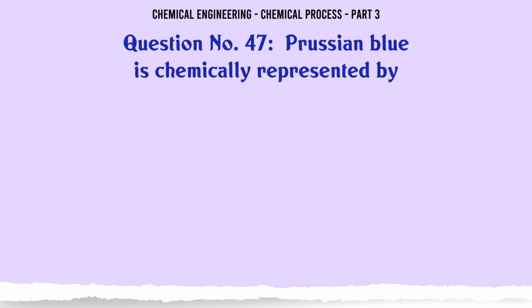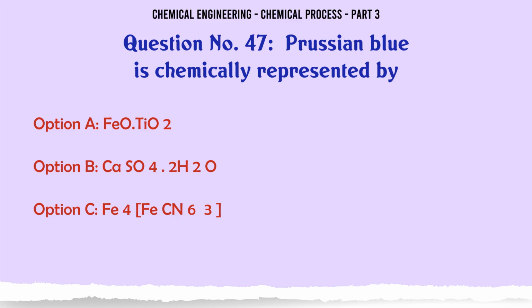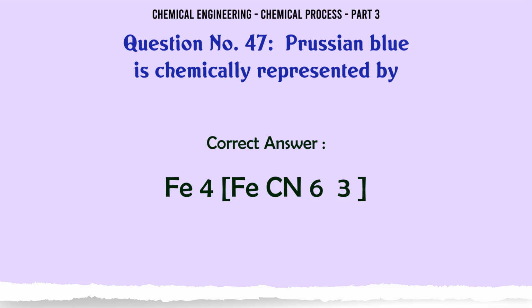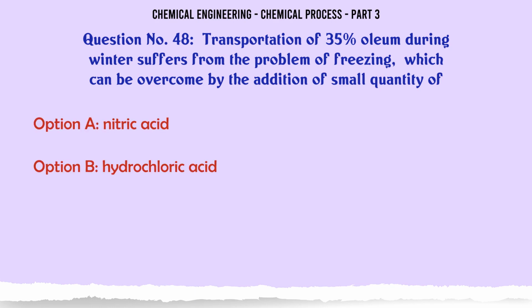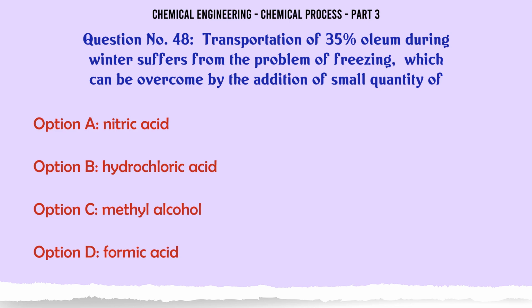Prussian blue is chemically represented by A. FeO.CO2, B. CaSO4.2H2O, C. Fe4[Fe(CN)6]3, D. 3NaF. The correct answer is Fe4[Fe(CN)6]3.